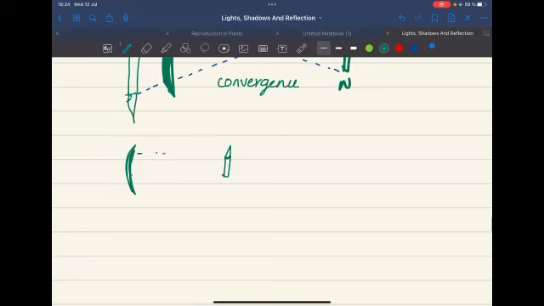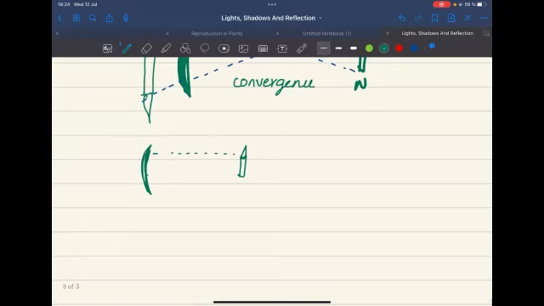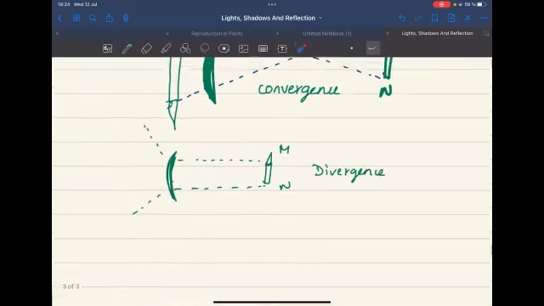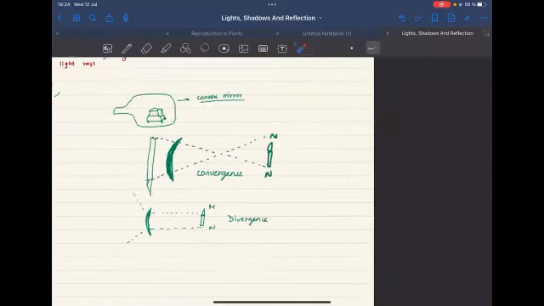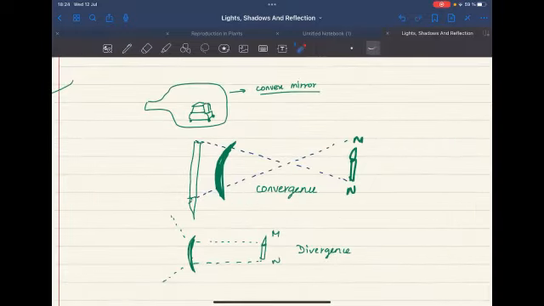If the light is being reflected and it is moving away, it is not forming behind the mirror. This is called divergence. It's not converging, it's diverging away, moving into different parts. This is the property of convergence and divergence of mirrors.